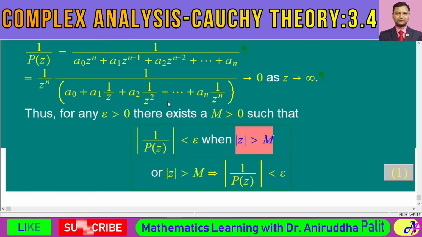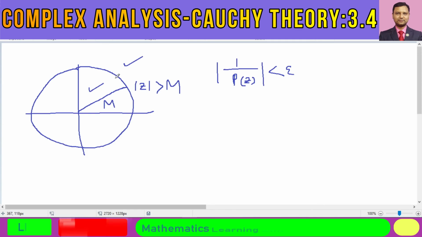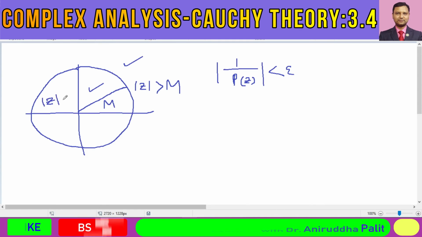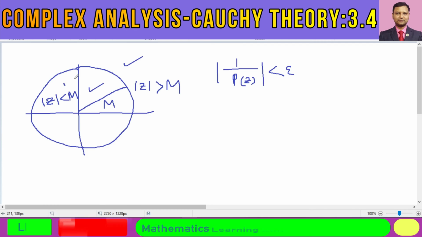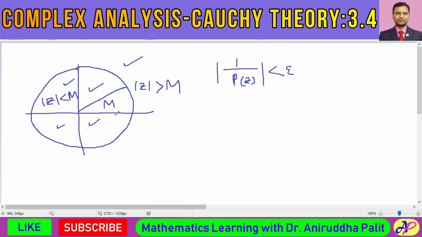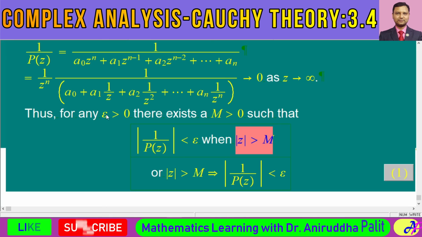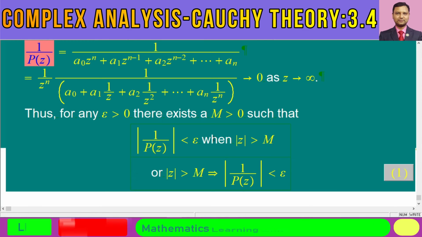Now our target is to satisfy a similar result inside this circle. That means when modulus of z is less than a certain quantity like M. This is the finite complex plane, and we have this entire function 1 by p(z).